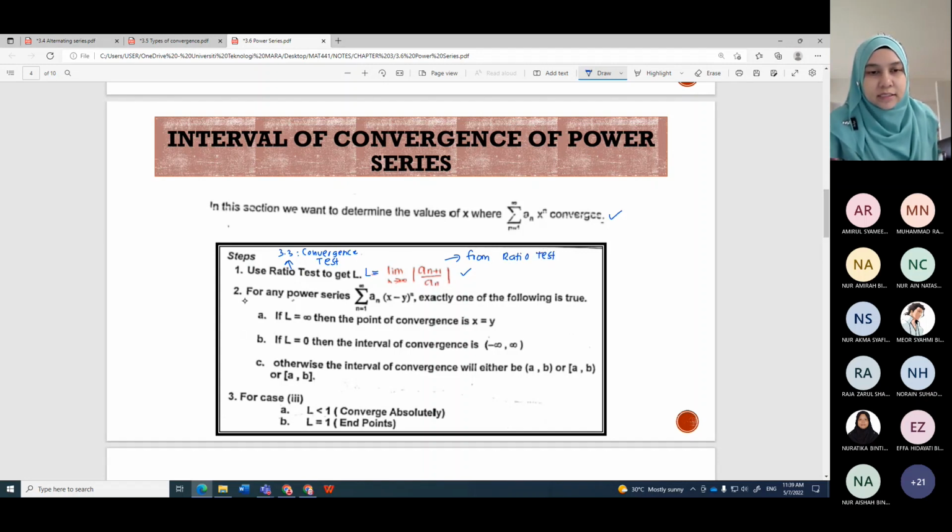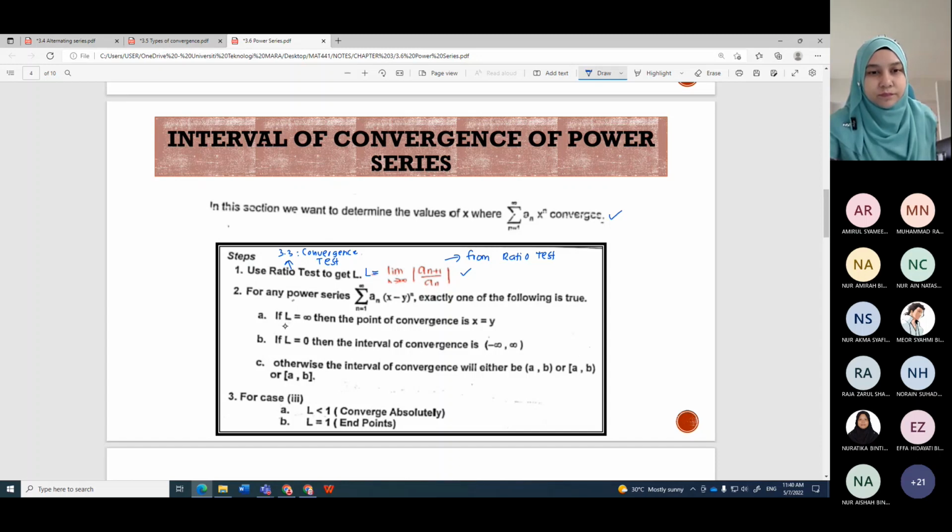Then the second step. For any power series, the series of a sub n times x minus y power of n, where n is equal to 1 until infinity, exactly one of the following is true. Maksudnya kita dah cari L tadi kan.